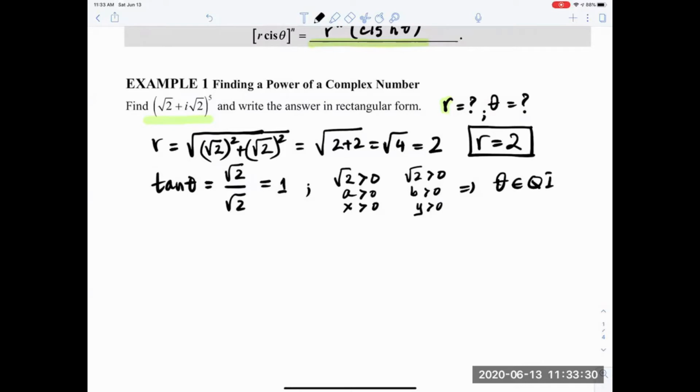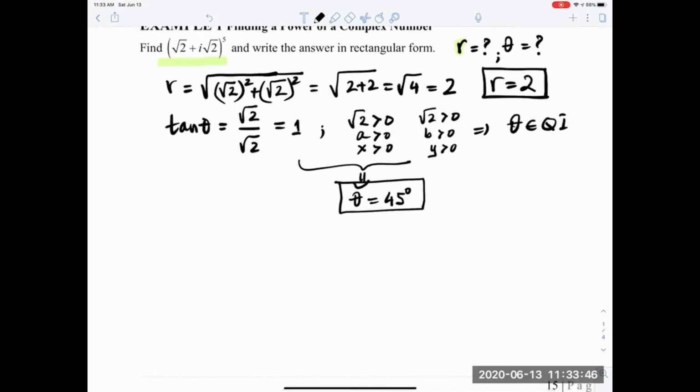Okay, so now you know that if you look in quadrant 1, tangent is equal to 1 at 45 degrees. So we have theta equals 45 degrees. Great. So now we have both of these. So I can essentially rewrite my square root of 2 plus I root of 2 at the 5th power.